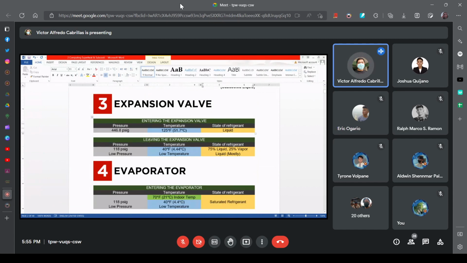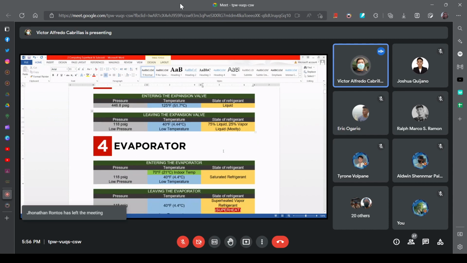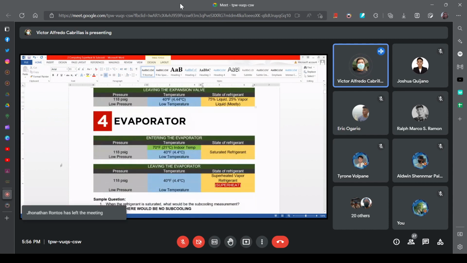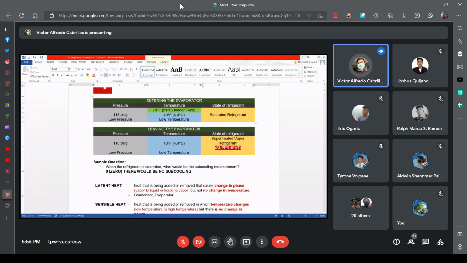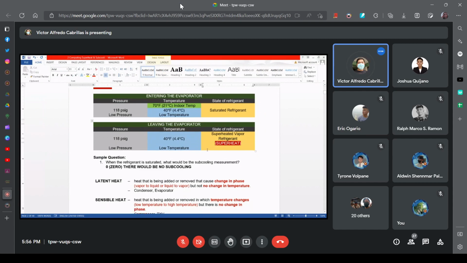Then, leaving the expansion valve, so unti-unti na siyang bababa, pati temperature bababa, then state of refrigerant, medyo combination na, liquid and vapor. Ayan. So sa evaporator na, low pressure pa rin, low temperature, saturated. So may halong vapor, may halong liquid. Leaving the evaporator, paalis na, still in its low pressure and low temperature, but already in superheated vapor kasi nag-absorb na siya ng heat coming from the room.